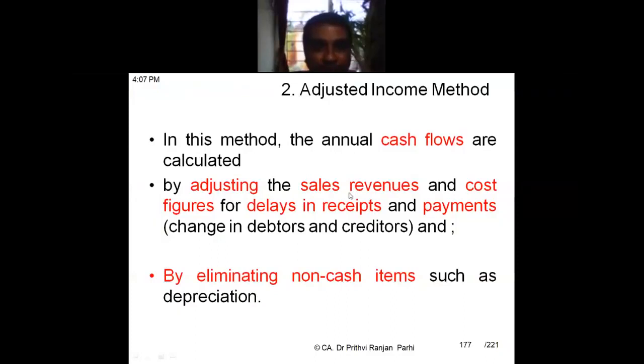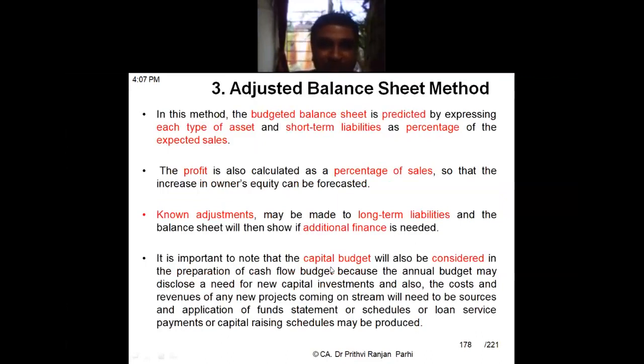So by adjusting that in our cash budget, we will be taking only 4 lakh rupees. Similarly, delays in payments are adjusted, and by adjusting these delays, we compute the inflows and the outflows, and we will be able to compute a cash budget.